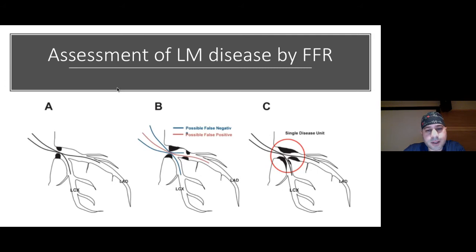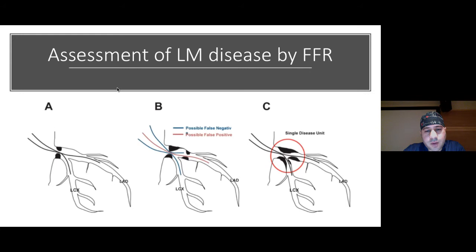The problem is most patients that have left main disease, about 70 to 80%, have multi-vessel disease. So the issue is where to park your wire. Do you park your wire in the LAD or the circ? If you have a lesion in your LAD and you park the wire into the LAD, then you might get a possible false positive because you're measuring the gradient through two stenoses and not through the left main alone.